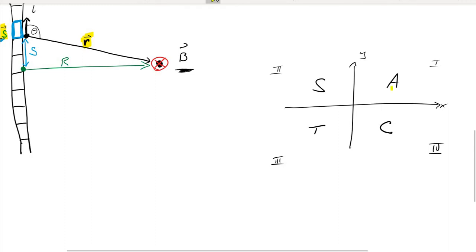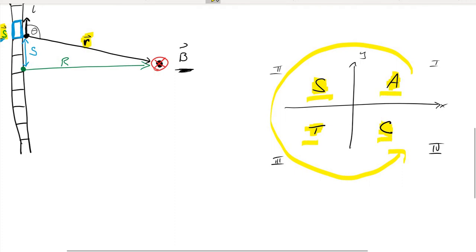And so we had these letters A, S, T, C, and the mnemonic that went with that was that we start in the first quadrant and we go around and we say all students take calculus. Well, that mnemonic is there to remind us which letter goes in which quadrant, and those letters stand for the trig functions that evaluate positively in those quadrants. So in the first quadrant, all our trig functions evaluate to a positive. In the second quadrant, only sine evaluates to a positive.